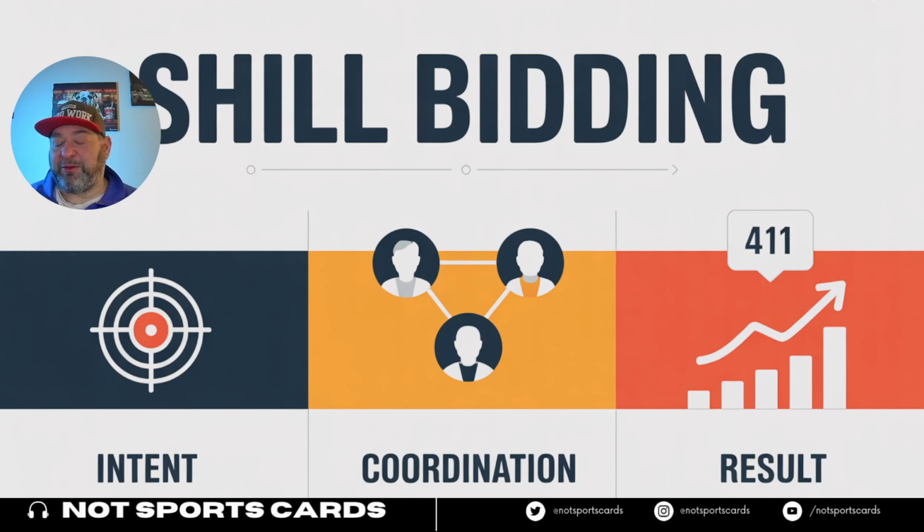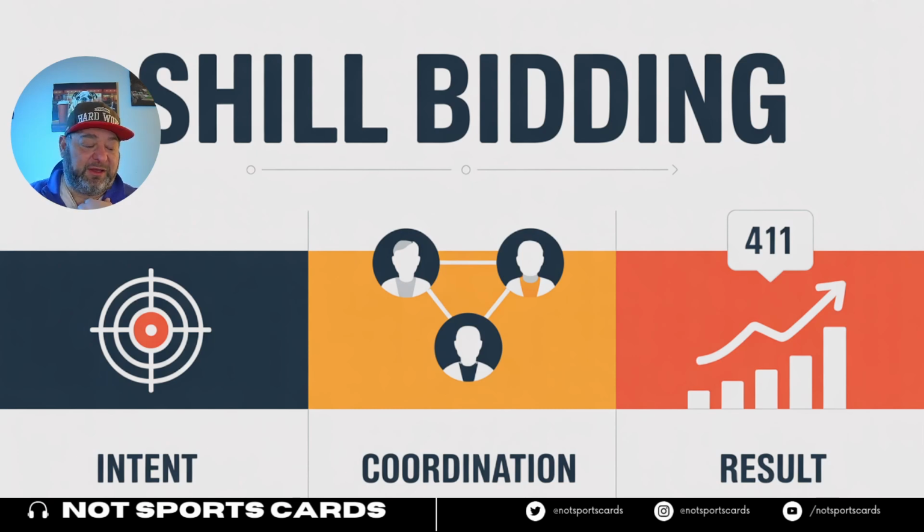Are they doing it because they want to push it towards the reserve so that it actually gets sold? Then that's more in a gray area than if they are just trying to run somebody up, or yet again, trying to create a fake comp. And if you have bidders coordinating, saying let's push this price up as high as we can because we own the card, that is different as well.